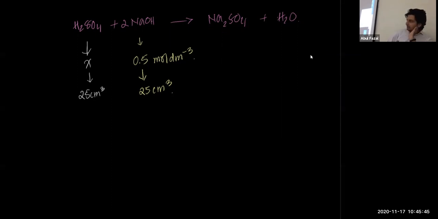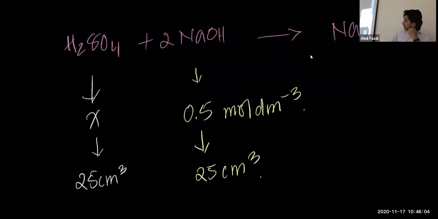I think I can just do this just by looking at it. What do you think, Amit? Can you just look at it and tell me what the concentration should be? You're right. But can you just look at it and tell me the concentration? The volume is the same, isn't it?